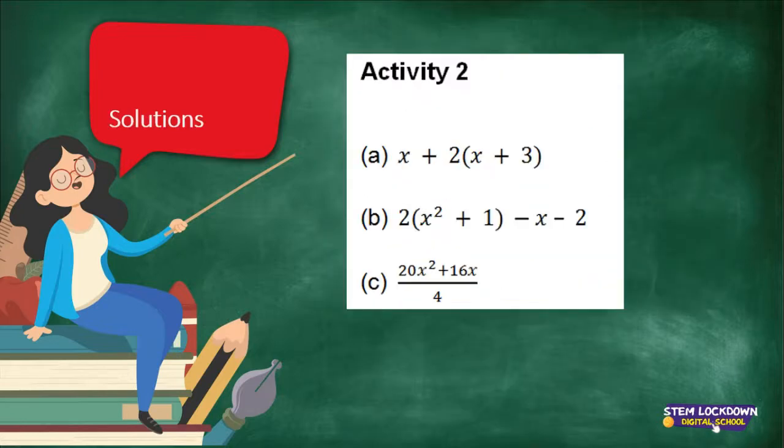Okay, let's see the next activity, right? With this activity, it's also very, very simple. Okay, not solutions, let's cancel this activity. Okay, activity 2, A, B, and C. Very similar to what we've done, right?